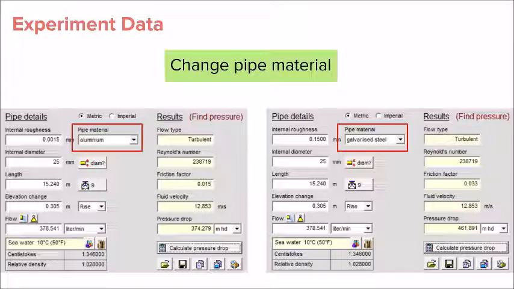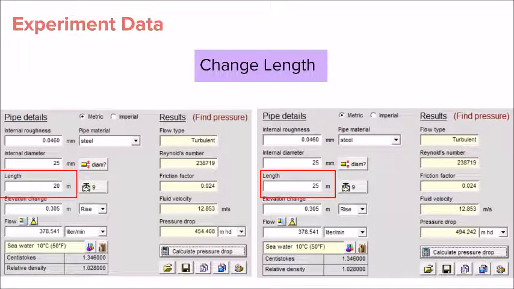They do not change. Only the friction factor and the pressure drop change. Second, we change length, to 20 meters and 25 meters. In this one, flow type, Reynolds number, friction factor, and fluid velocity are all the same as the fixed data. Only the pressure drop changes.